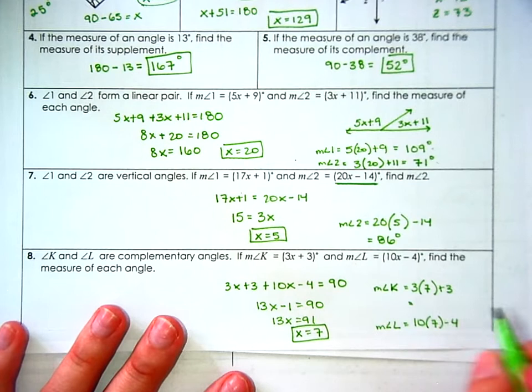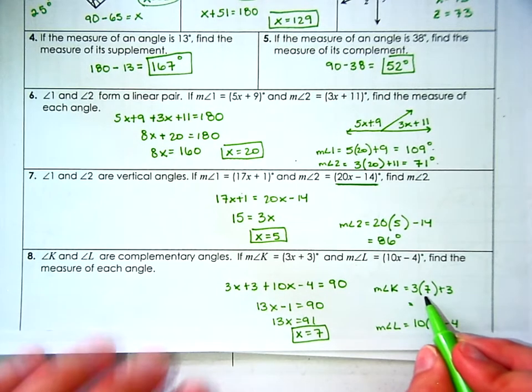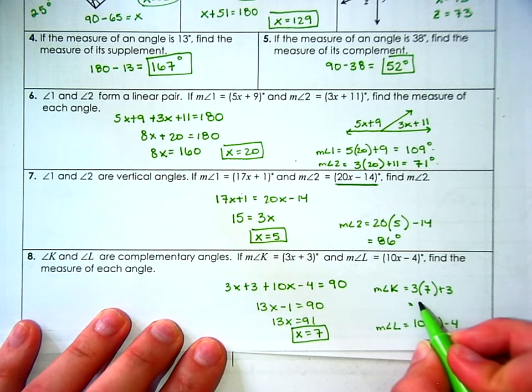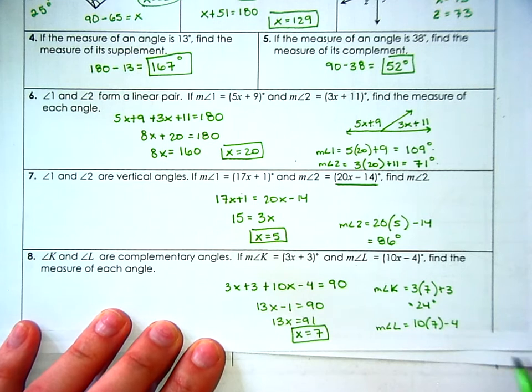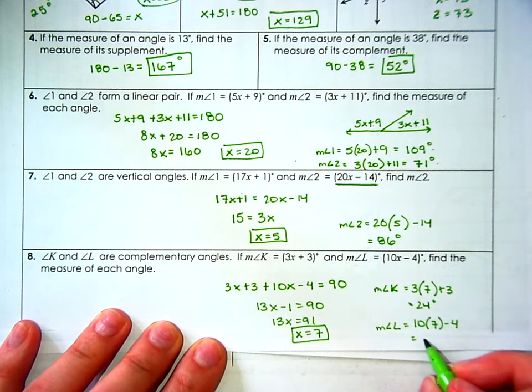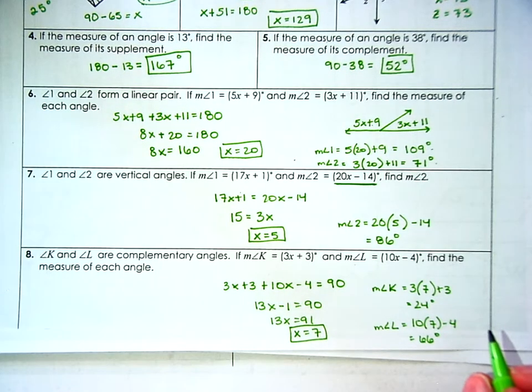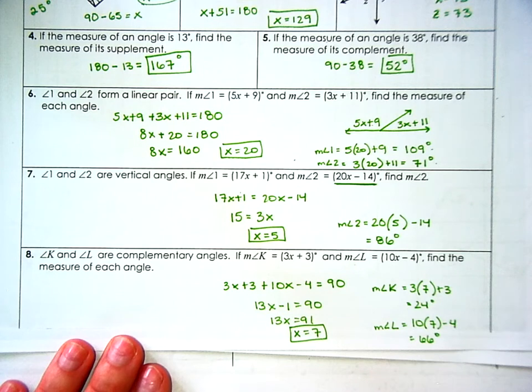So up here, 3 times 7 is going to give me 21 plus 3, so that's going to give me 24 degrees. And then 10 times 7 is 70, minus 4 is 66 degrees. If I add those together, so 66 plus 24, that gives me 90. So I did these correct.